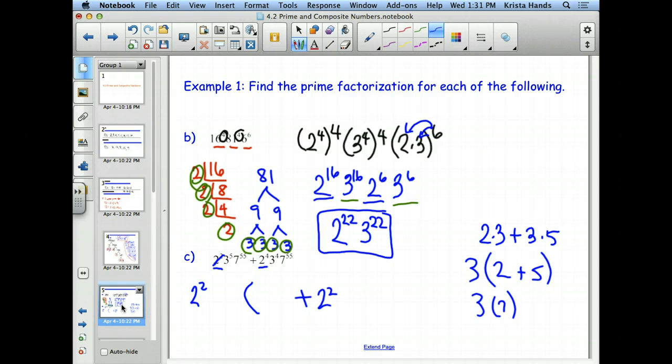Let's do the same thing now with the 3's. This one has 3 to the 5th, and this one has 3 to the 4th. How many matching 3's do they have? 4 of them. So this is 3 to the 4th. This was 3 to the 5th. I pulled out 3 to the 4th. How many 3's are left? 1. Or if you want to, you could write it as 3 to the 1 to remind yourself for the moment. This was 3 to the 4th, and I pulled out 3 to the 4th.